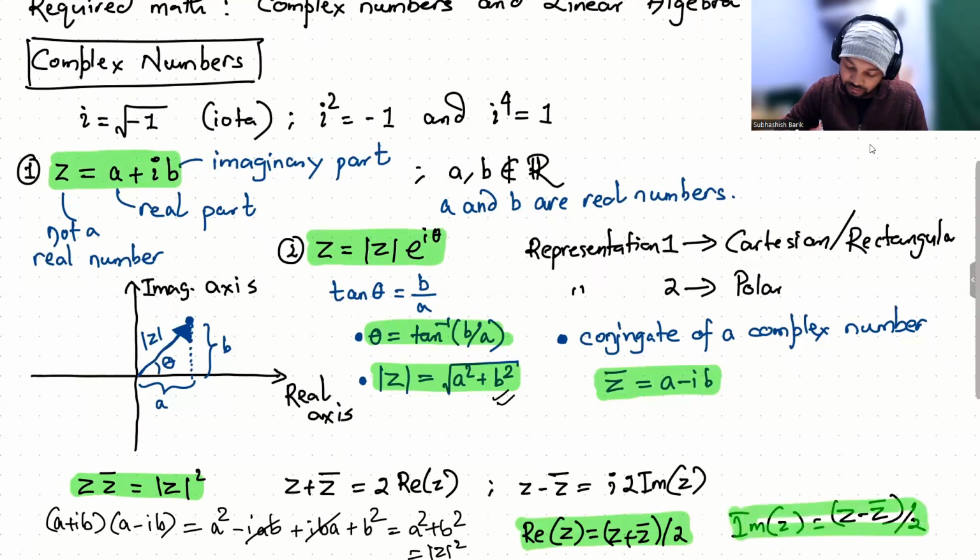And another thing which is often useful, can you tell me what will be 1 over i in terms of i? Please take a moment to calculate. How else can you write 1 over i in terms of i?